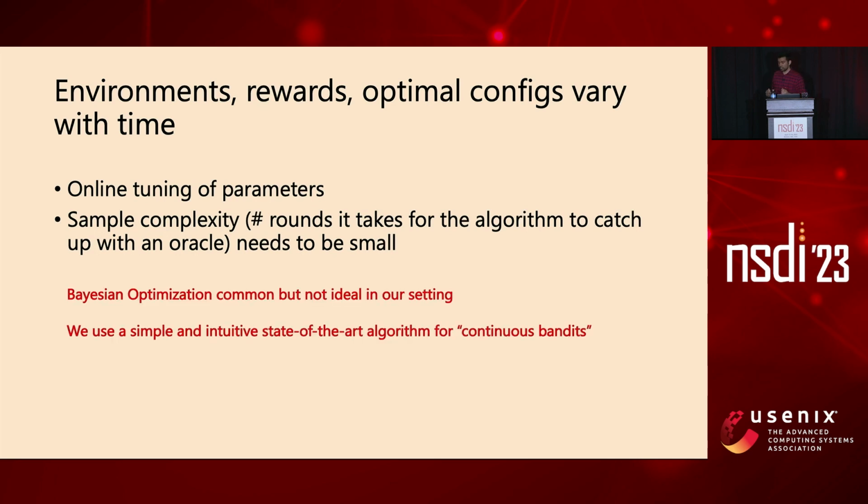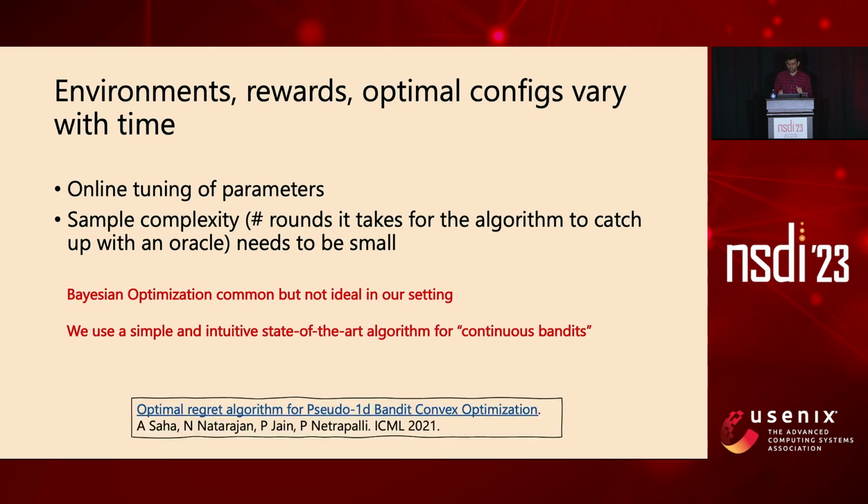Because of these two, Bayesian optimization, which is the go-to algorithm in systems literature, is not ideal for our setting. So we instead use a simple and intuitive algorithm for continuous bandits based on some work in recent times. And this forms the basis of our learning engine.